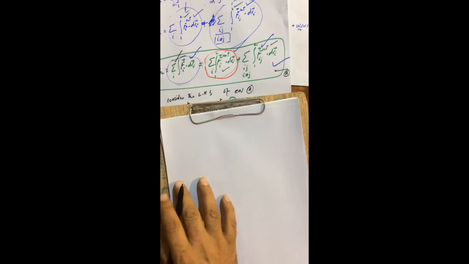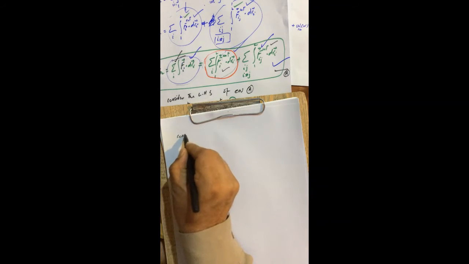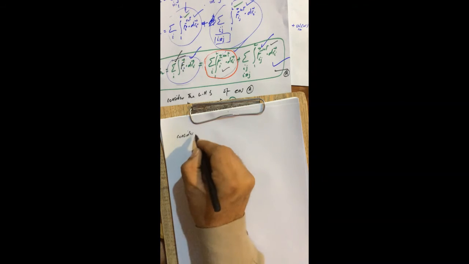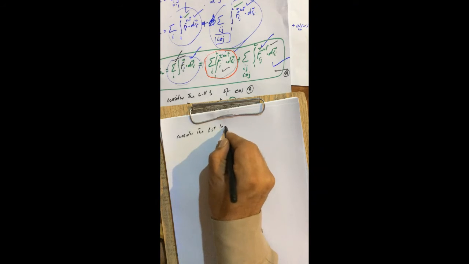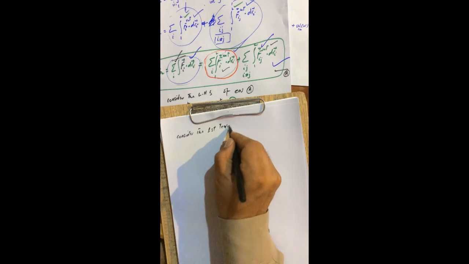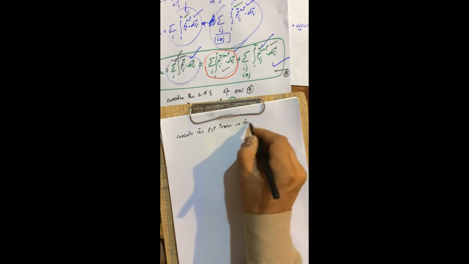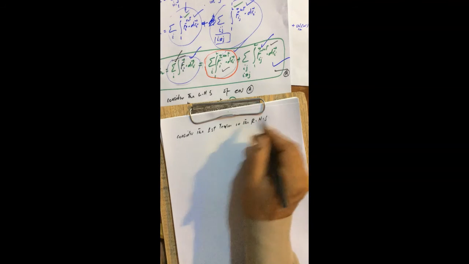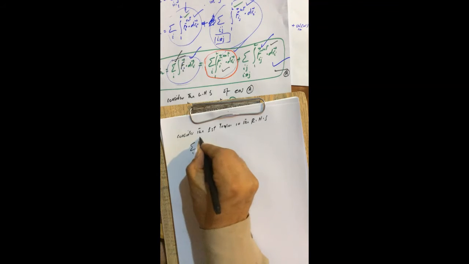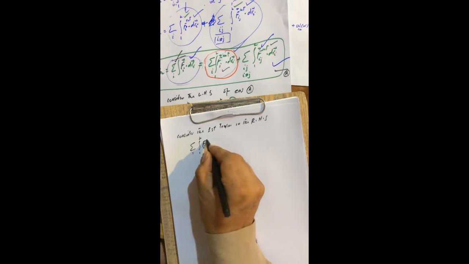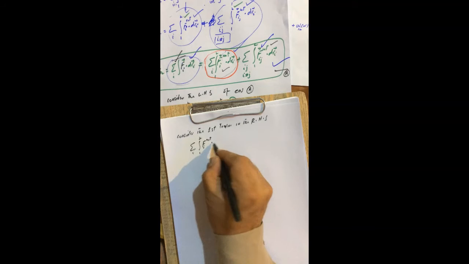For that I consider the first term on the right hand side, which is the sum over i of the integral from 1 to 2 of Fi external dot dri.